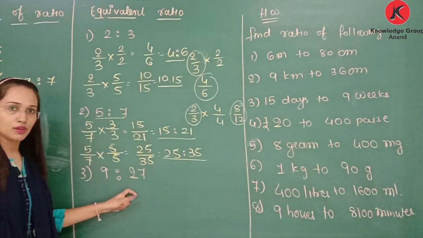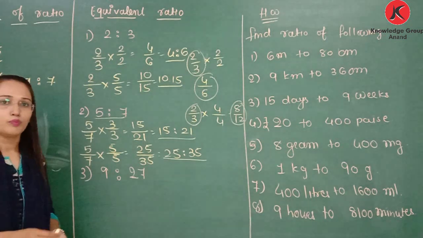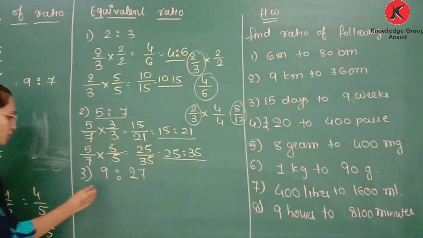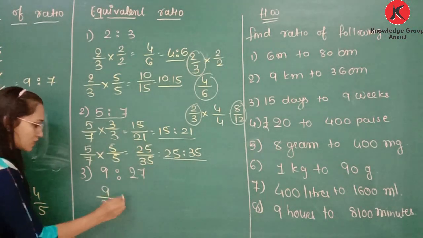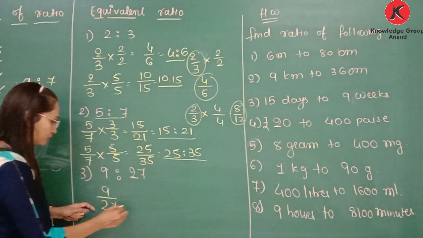9 is to 27. Now it is not necessary that every time you need to multiply. If there is a common factor between the two numbers, then it also gives the equivalent ratio. So 9 is to 27 is written like this, and both numbers are divisible by 9.